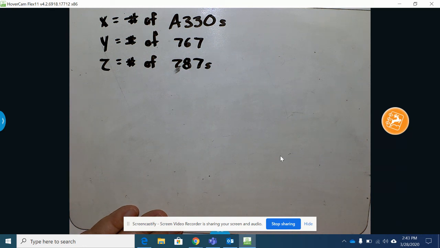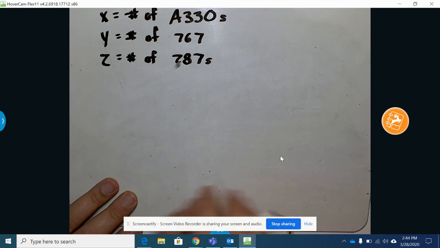We also know that this airline is trying to meet the demand of 5,400 seats, and it spent a total of $4,750 million on these airplanes. Okay. So our first equation is going to be on the capacity.